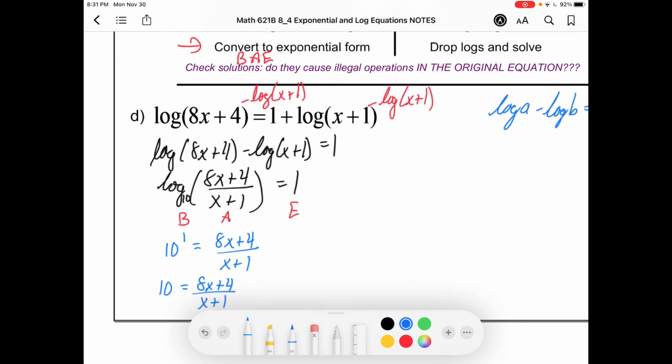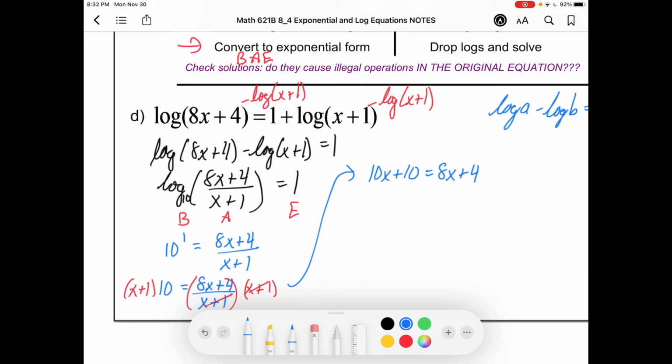Now, at this point, it may look unpleasant because of that fraction, but it's not actually difficult to deal with. We hate the fraction in the equation, so let's just times both sides by x plus 1. And here's what will happen. Let me follow this through. We'll have 10x plus 10 equals 8x plus 4.